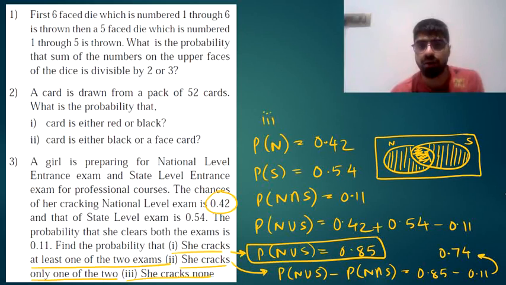For the third part, none of the two examinations means the area outside N and S, because when you talk of N, she is clearing the national level examination. When you talk of S, she is clearing the state level examination.